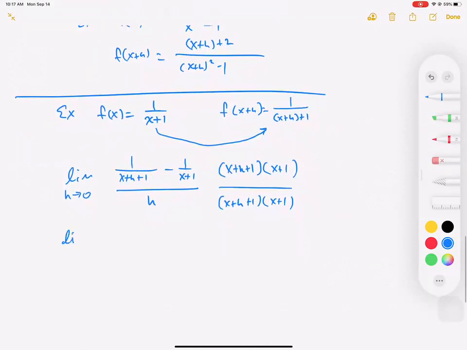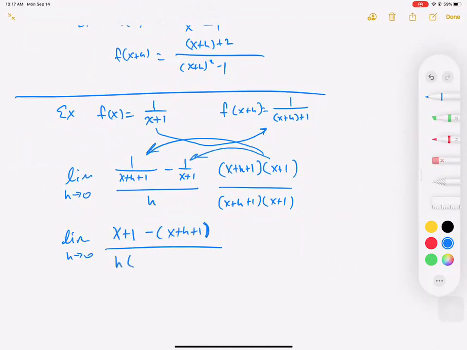So the limit as h goes to 0, the top, if I multiply to the front and the back, the fractions go away, and we're left with the top being x plus 1 minus x plus h plus 1. No more fractions on top. Over h, and we're left with this bloody mess here: x plus h plus 1 and x plus 1. Do not distribute that denominator. I will save you time right now. Don't do it.